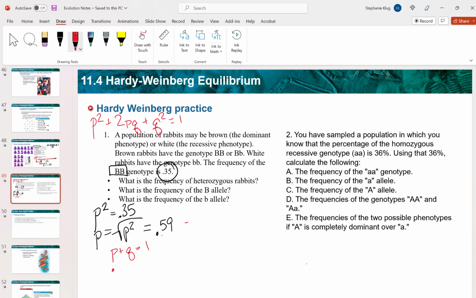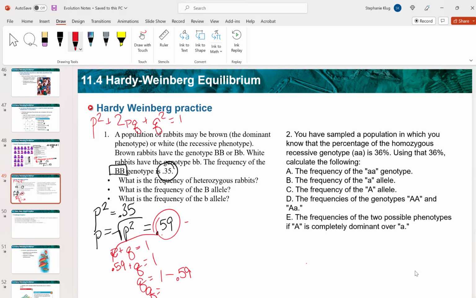We have P, which is right here, 0.59, plus Q equals 1. So Q equals 1 minus 0.59. Q equals 0.41.